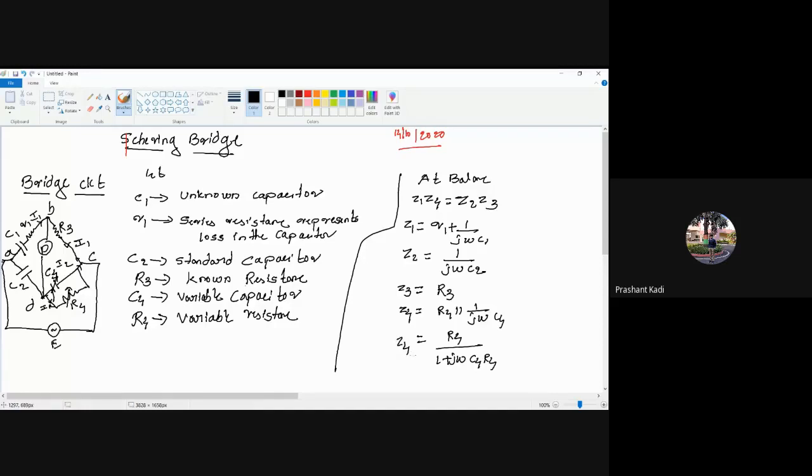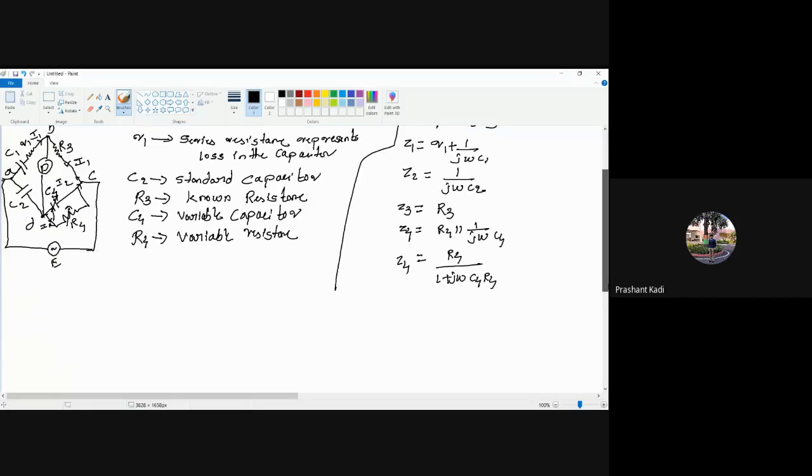Once you get all the impedance values, substitute in the balance equation. Z1 Z4 equals Z2 into Z3.